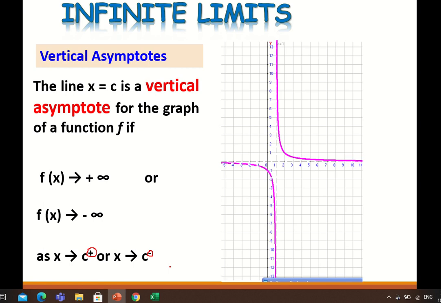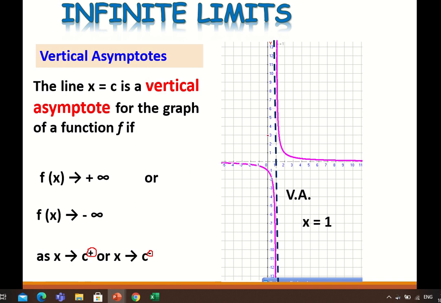Okay, so in a graph, it's something like this. We consider this as our vertical asymptote. This line here, this broken line, is what we call the vertical asymptote. So in this case, our vertical asymptote is x equal to 1.